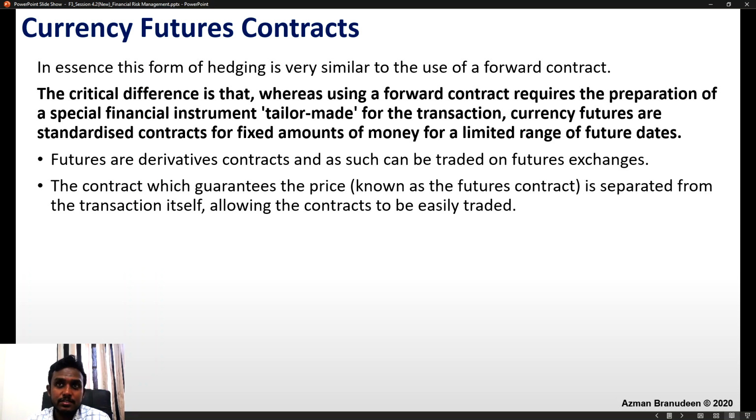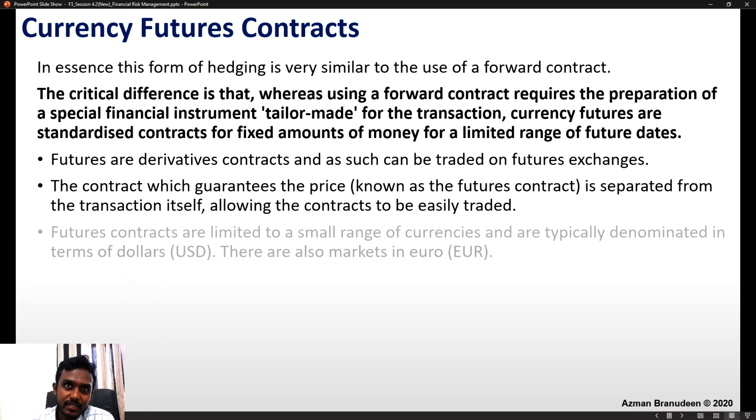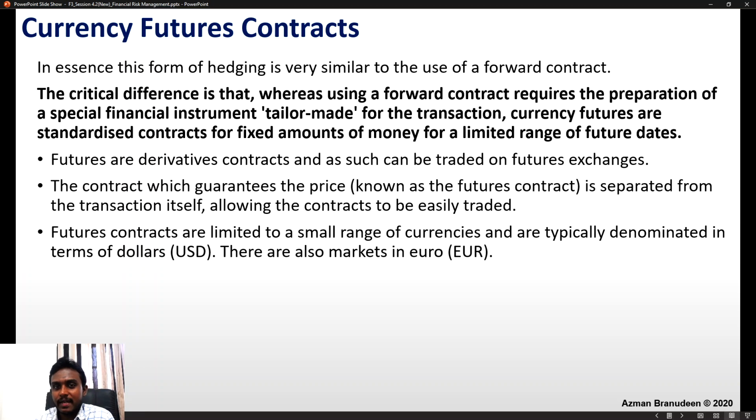The contract which guarantees the price, known as the futures contract, is separated from the transaction itself, allowing the contracts to be easily traded. That's why basically you can buy and sell futures contracts as a sort of like buying any goods from the market. Futures contracts are limited to a small range of currencies and are typically denominated in terms of USDs. There are also markets in Euro.